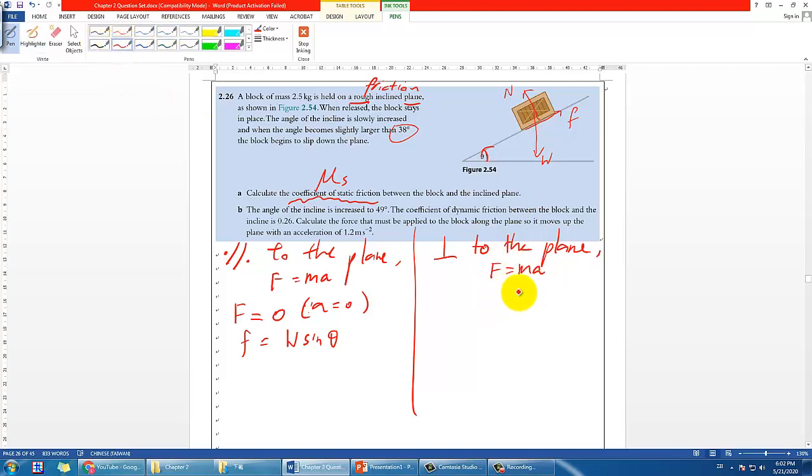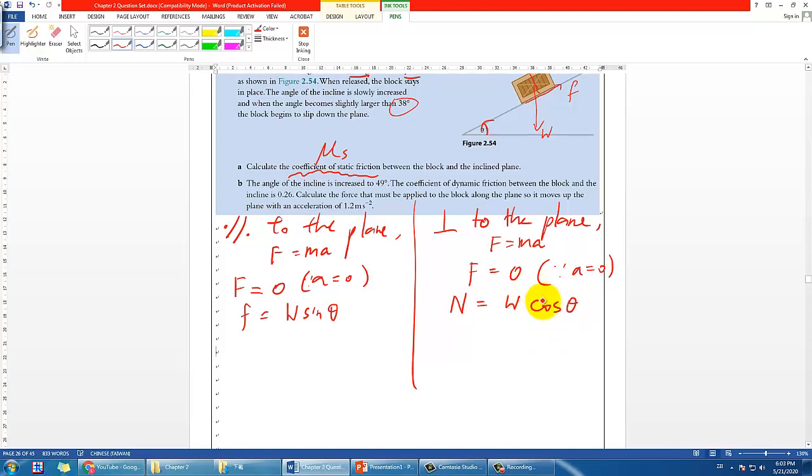Okay, so similarly, for the perpendicular to the plane, you don't expect the box will fly or kind of sink down into the plane like this. So F would also be 0, net force to be 0 again, because acceleration will be 0. And in that case, you have the normal force equal to the W cosine theta.